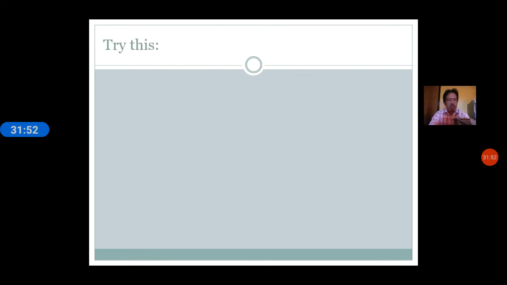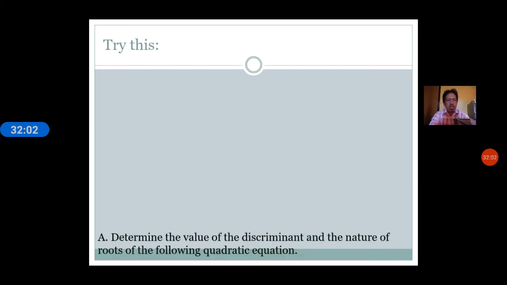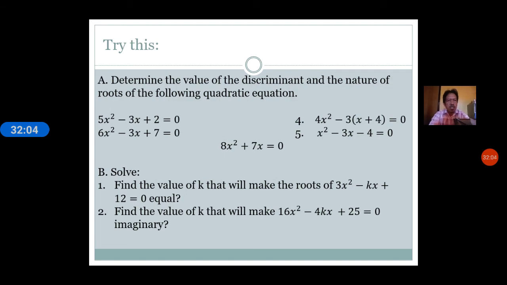Okay, so after the discussion, you have to try some of these problems for the discriminant of a quadratic equation. So letter A, you have to determine the value of the discriminant and the nature of roots of the following quadratic equations.